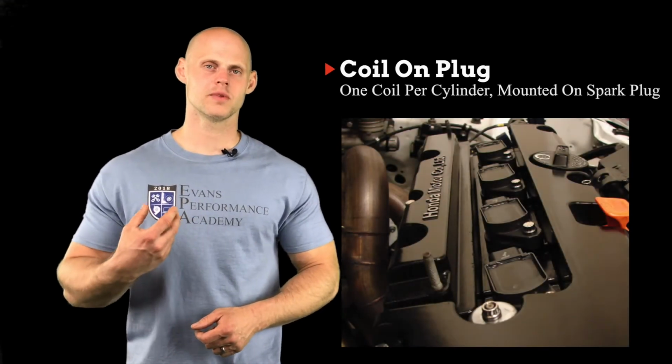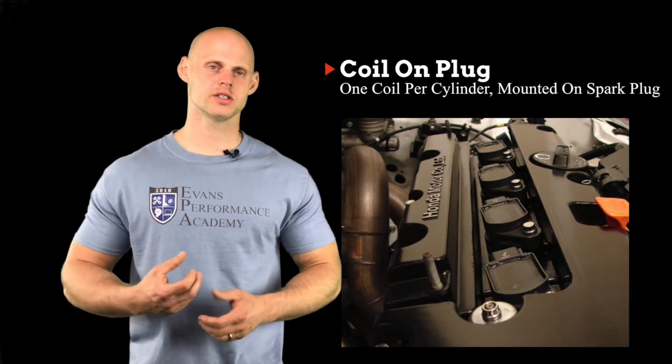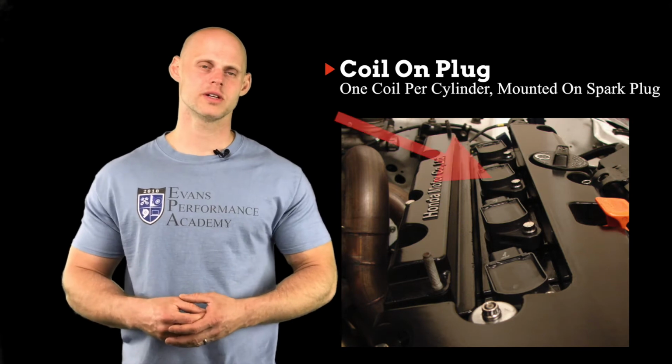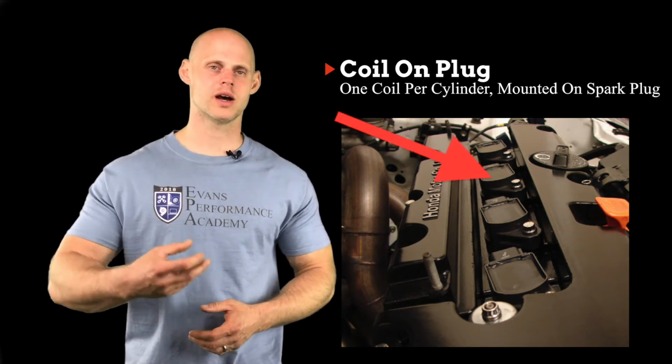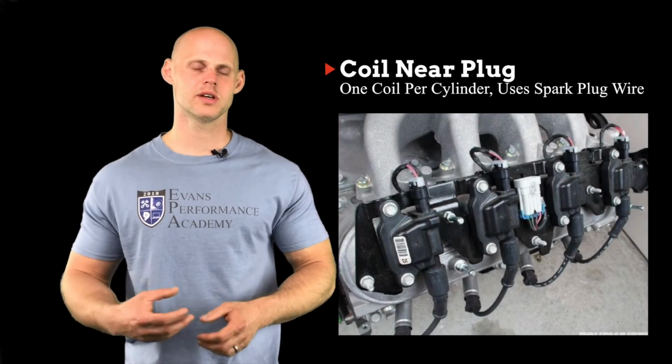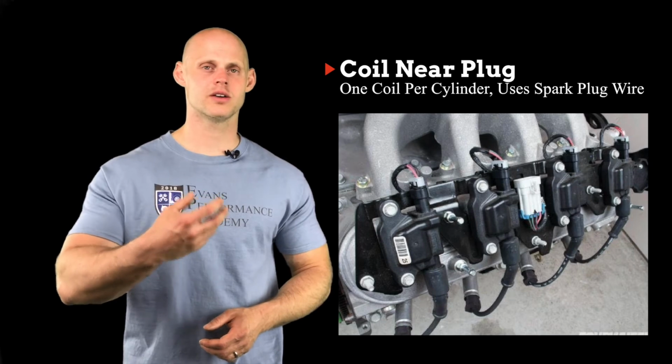One last thing that's worth mentioning is that the sequential style ignition systems typically are going to be coil on plug, where the coil is actually mounted on top of our spark plug. But on some engines, we're going to have a coil near plug, and that simply means that our ignition coil is not mounted on top of our spark plug.